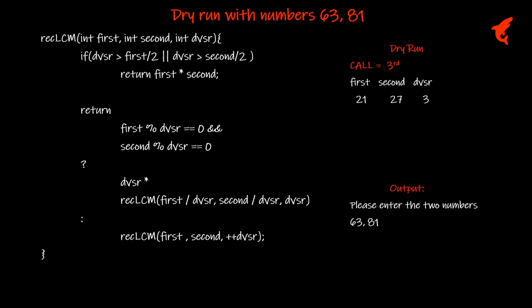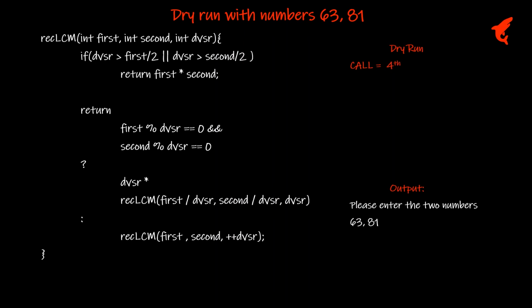Again, the if condition is checked, the condition is false, control goes to the conditional expression condition. The condition again is true, and therefore the rec LCM function of the second expression is called with the values first by DVSR, that means 21 by 3, 27 by 3 and the same value of DVSR.